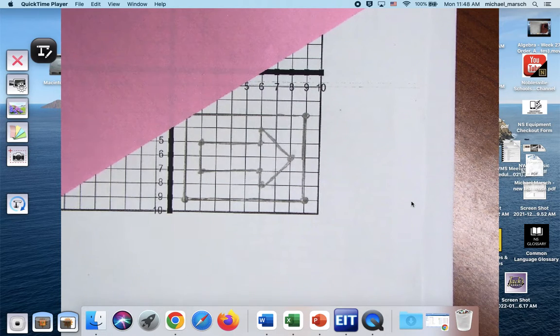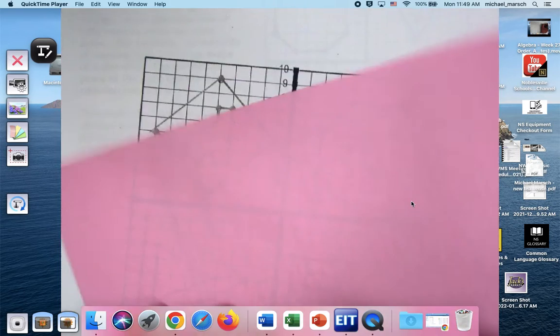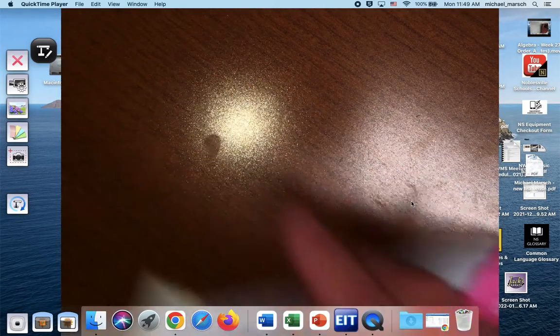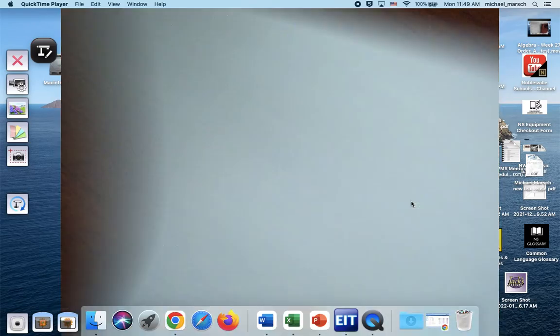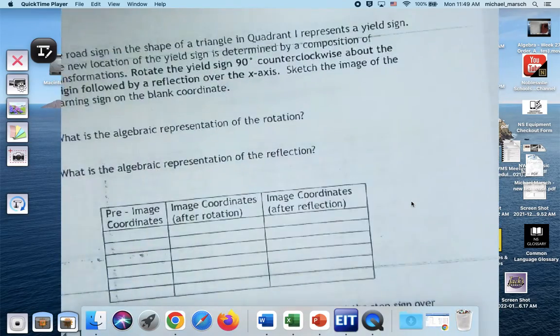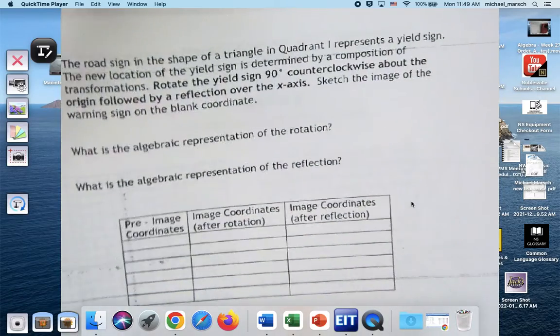We're going to actually move on to number 3. Let's take a look at number 3. So we're talking about the road sign in quadrant 1.